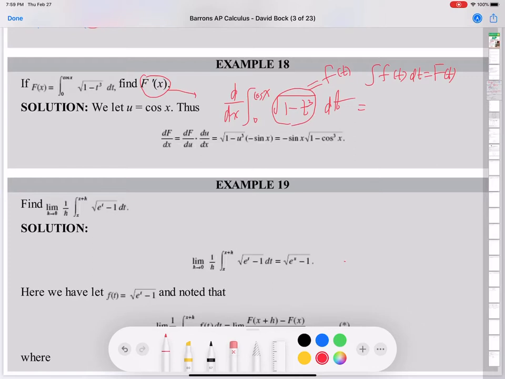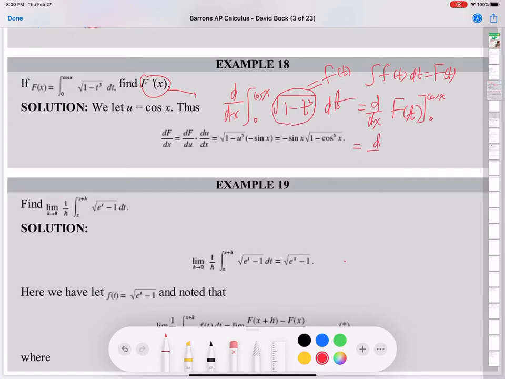So if this part is small f of t, the integral of small f of t is capital F of t. So that is capital F of t from 0 to cosine x. And then d over dx.